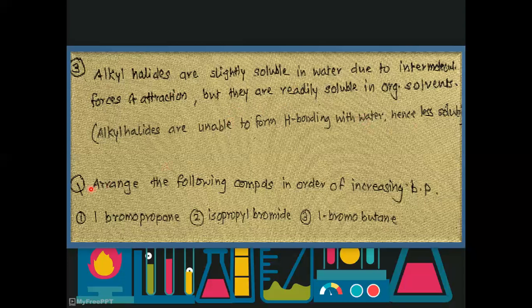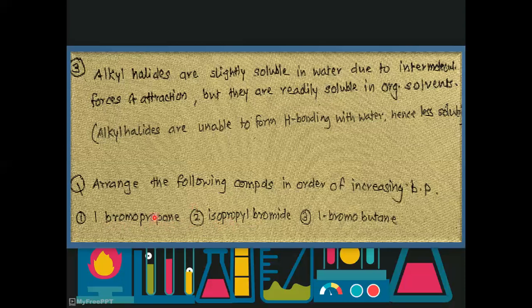Now the next question: arrange the following compounds in order of increasing boiling point. Here, 1-bromopropane has 3 carbons, and isopropyl bromide also has 3 carbons. But this is 1-bromopropane, that is n-bromopropane, a longer chain, and here there is a branch.